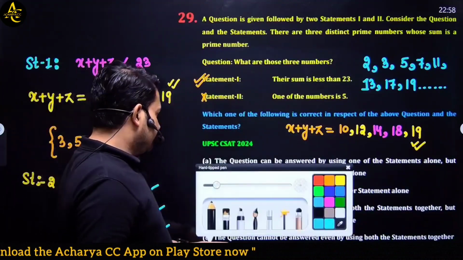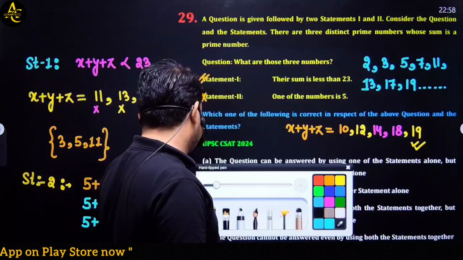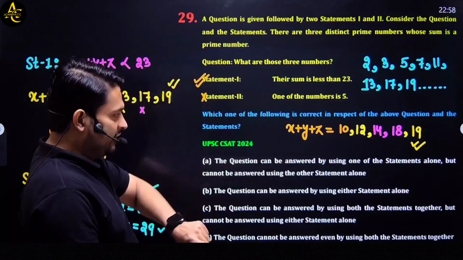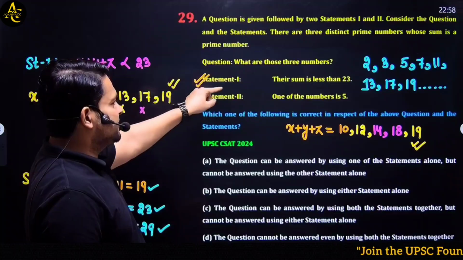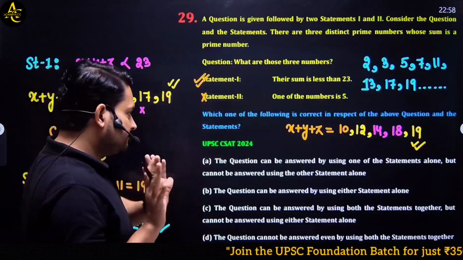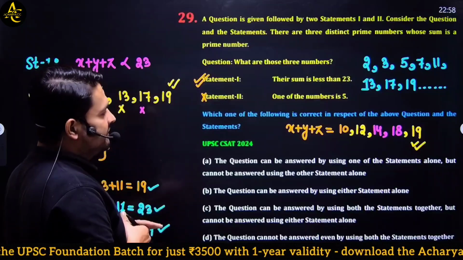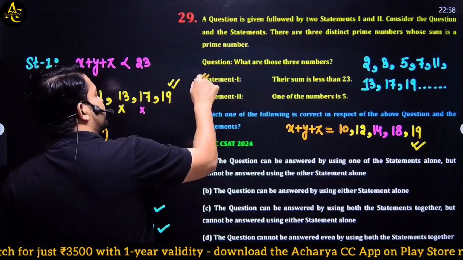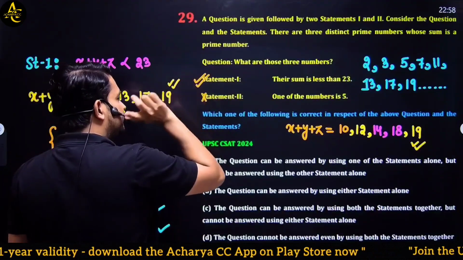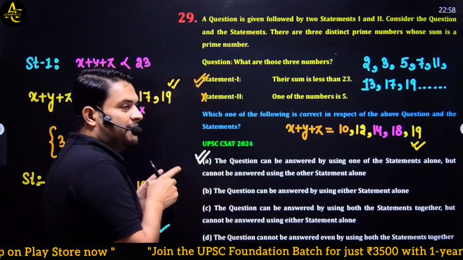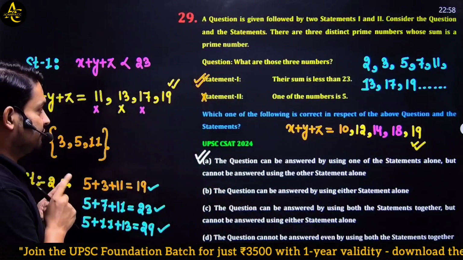So read option number first. The question can be answered by using one of the statements alone. It means that either statement is sufficient to answer, but it cannot be answered using the other statement alone. So I have done the post-mortem of this question.